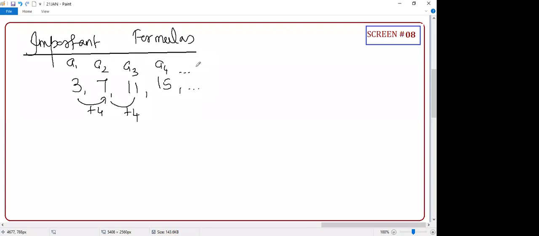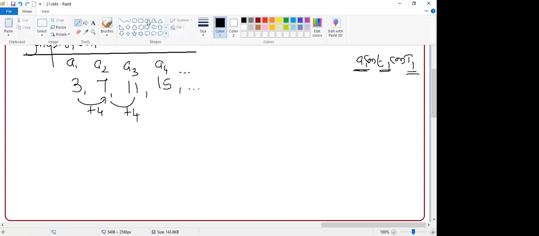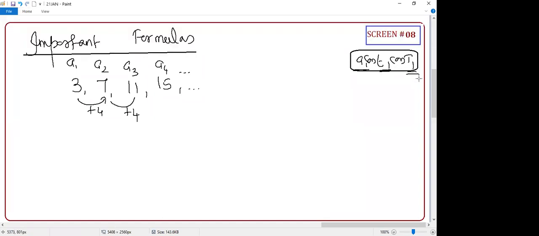Some standard textbooks don't use A1, A2. They use T1, T2 instead. Everything is the same. Clear or not?